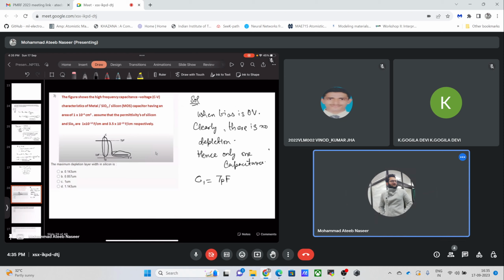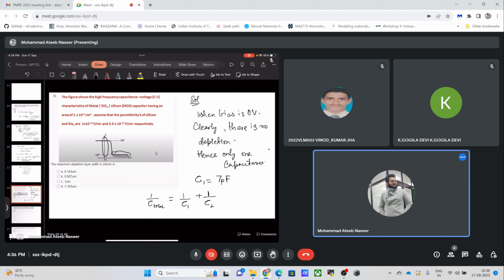Now if we are applying some voltage and the depletion region is being formed, we will be having some capacitance associated with this device, which will be simply given by 1 by C total, which is equal to the series combination of 1 by C1, which will be the oxide capacitance, plus 1 by C2, which would be the depletion capacitance.